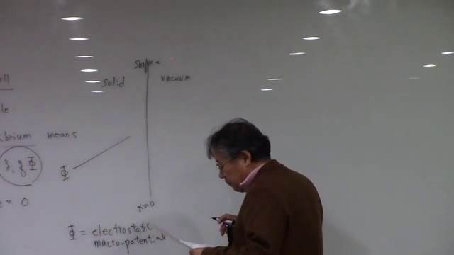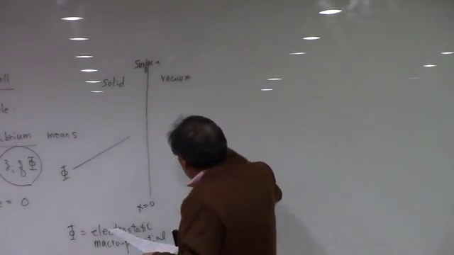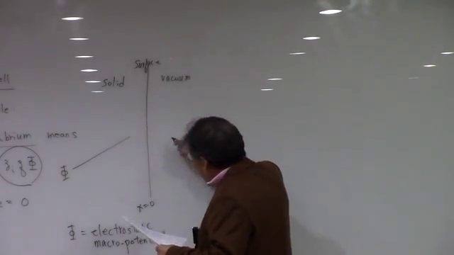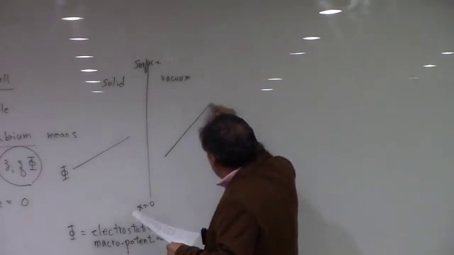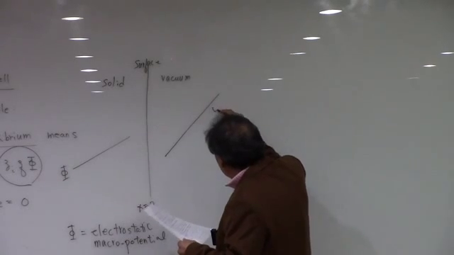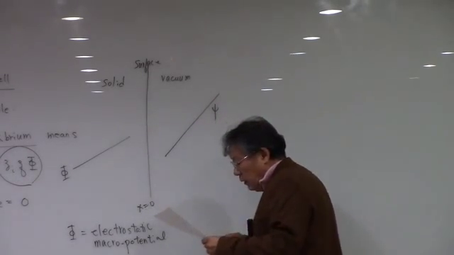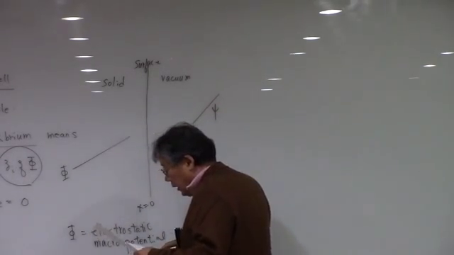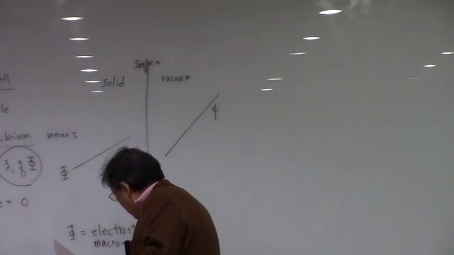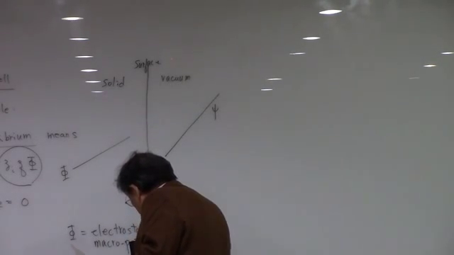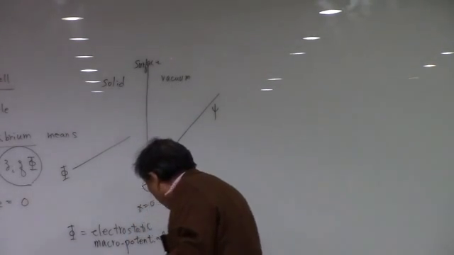And in a vacuum, we are going to have some kind of potential psi here, and then psi is electrostatic micropotential.